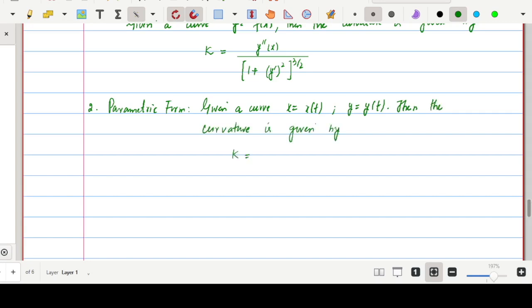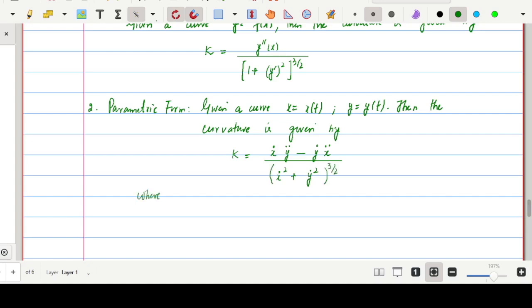In this case, it is x dot y double dot, where x dot denotes the derivative of x with respect to t, and y double dot denotes the second derivative of y with respect to t, minus y dot, which is the first derivative of y with respect to t, multiplied by the second derivative of x with respect to t, whole divided by (x dot square plus y dot square) whole power 3 divided by 2.